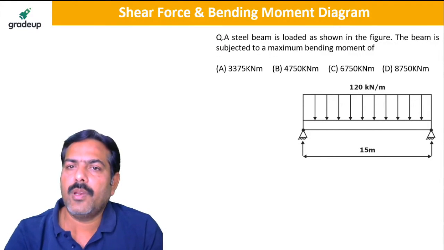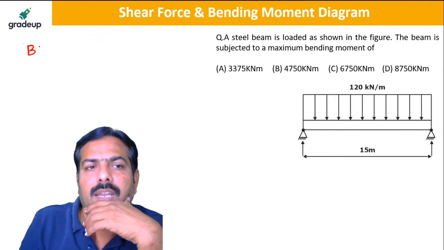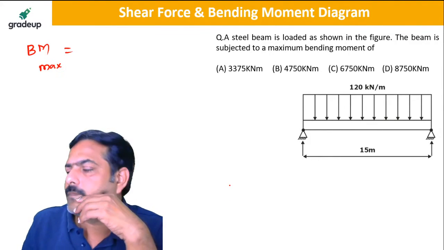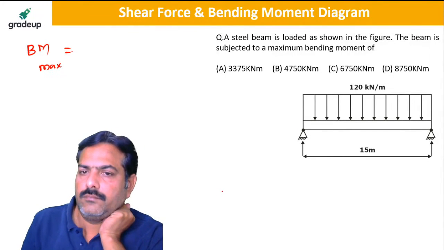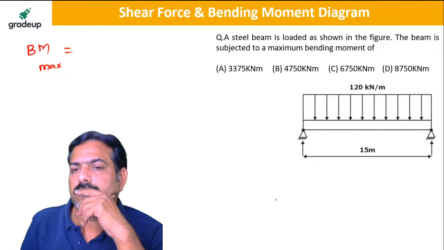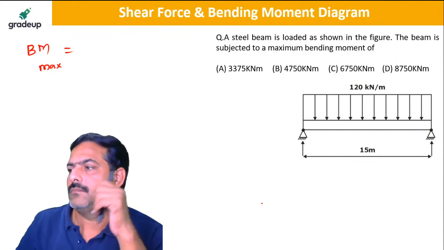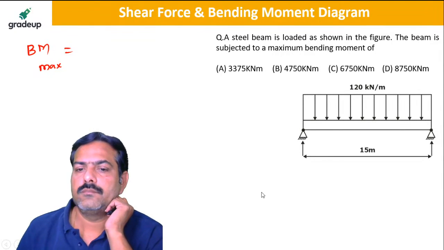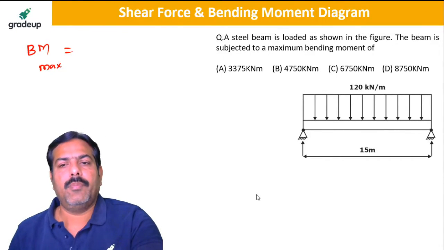A steel beam loaded as shown in the figure. The maximum bending moment is, so bending moment maximum is equal to, what is the value of the maximum bending moment, my dear friends?